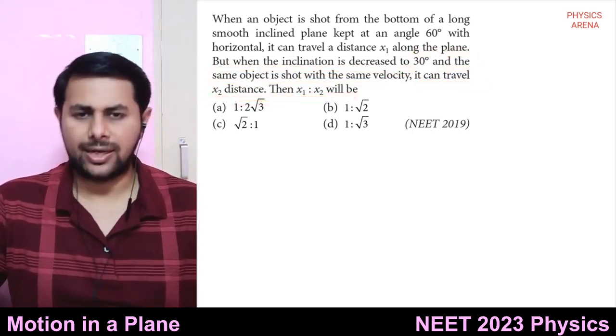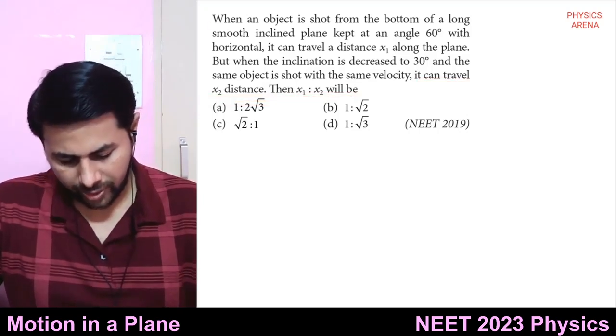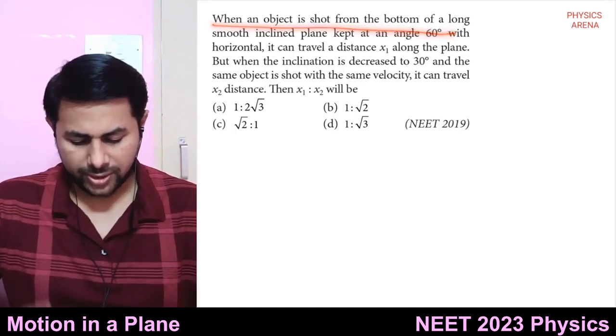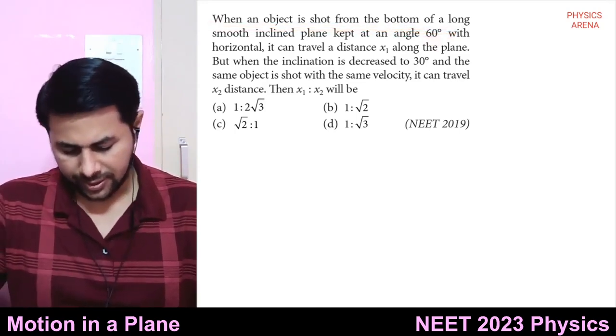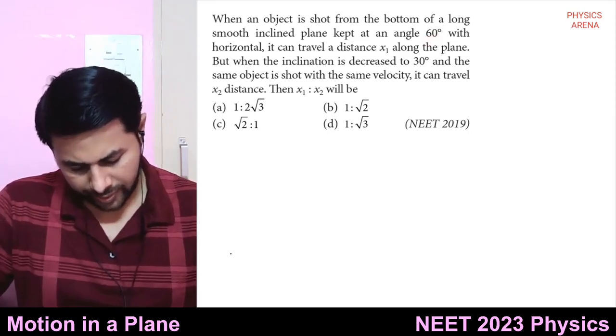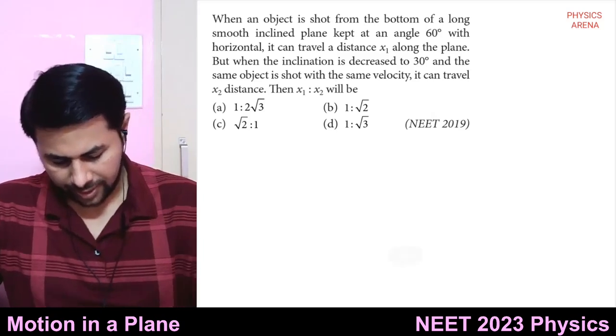Then x1 is to x2 will be? So we have a long smooth inclined plane at an angle of 60 degrees.